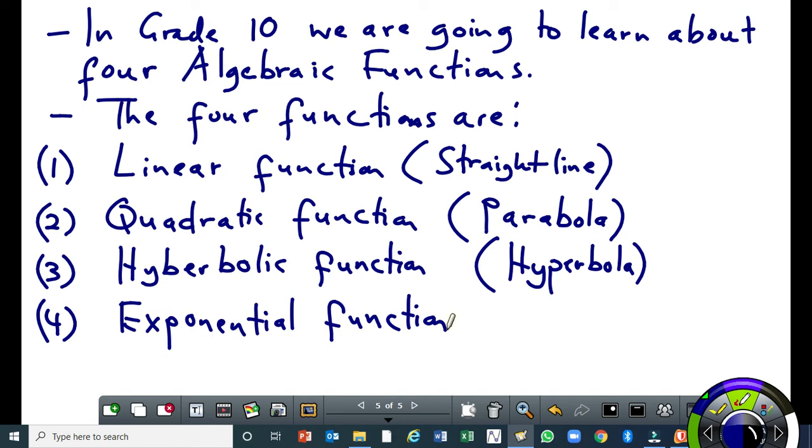So far we have only done the linear one, right? Let me just talk about some of the things quickly. We did it in grade 9. The linear function is very important because it is the simplest of all the functions.